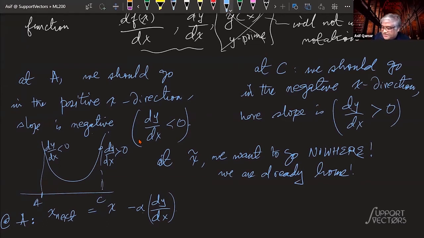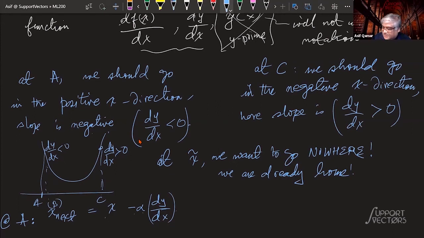If you multiply the slope by a negative number, negative of a negative is a positive number, isn't it, guys? And so you're taking a step in the right direction. Would you say that the next value of x will be somewhere here? This will be your B, larger than A. It will be where you want to be.